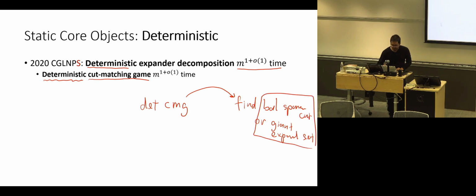This is the core subroutine that we want, right? Find either a balanced sparse cut or say that the complement of the cut is an expanding set. The deterministic version of the cut matching game just asks you to solve this. But you also know that one way to solve this problem is to solve the cut matching game. So there is this chicken and egg dependency.